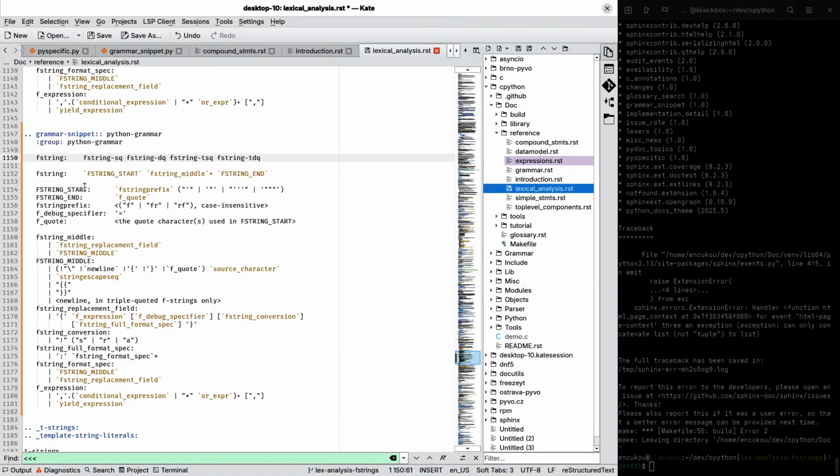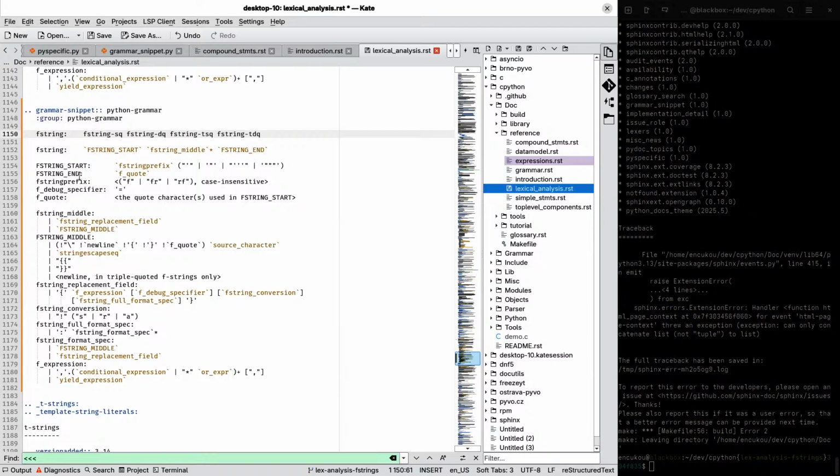Yeah, so far I follow. Then the f-string can be f-string with this suffix. Let's use a symbol for that. It can be f-string start with the same suffix, f-string middle with the same suffix, and f-string end with the same suffix.